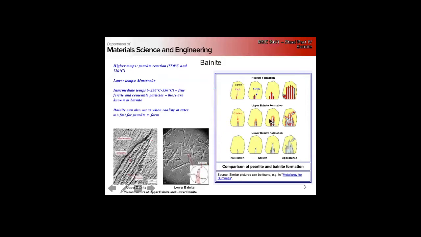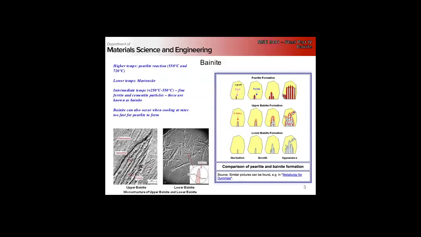In upper Bainite, you get more diffusion out of the laths, so the lath forms, or the plate forms, then you get diffusion of carbon out to form carbides, right? Whereas with lower Bainite, most of your carbides grow internal to the plates because the carbon doesn't diffuse out as much, right?